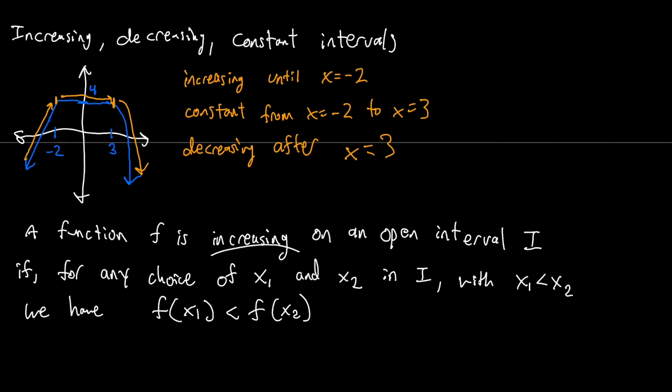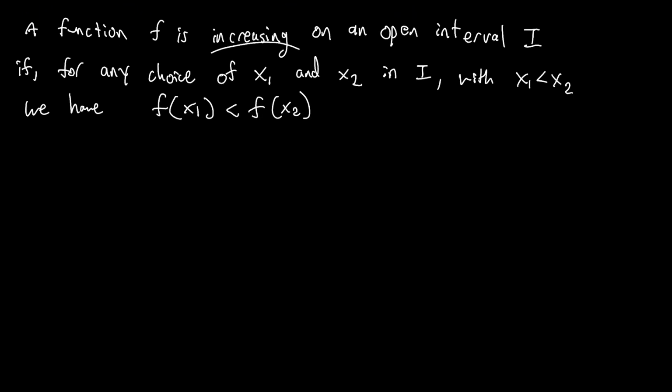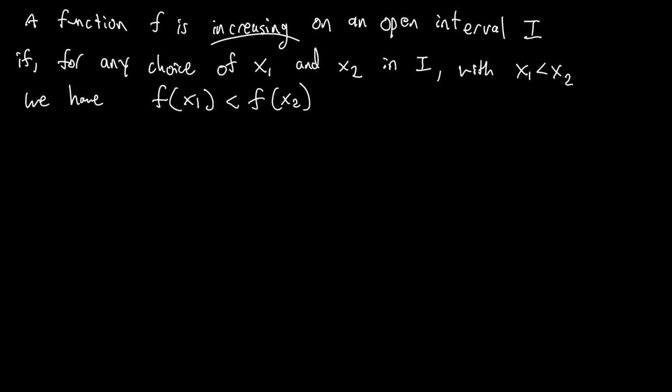We have a lot of words here, but when we break it apart, it isn't too complicated. Our function f is increasing on an open interval I. An open interval I just means we're setting some domain. We can think about it as an interval of x values on our graph.